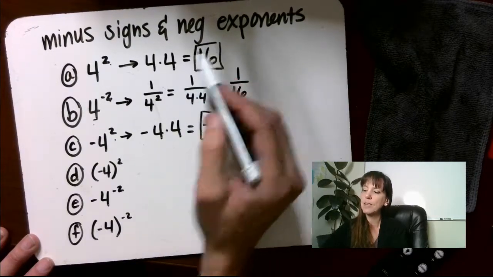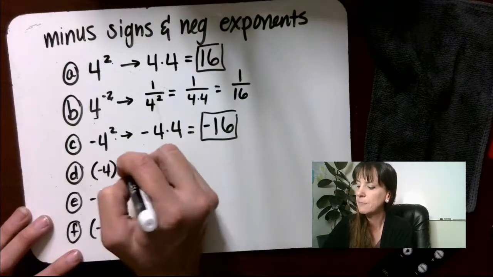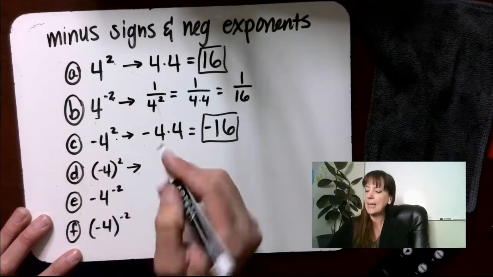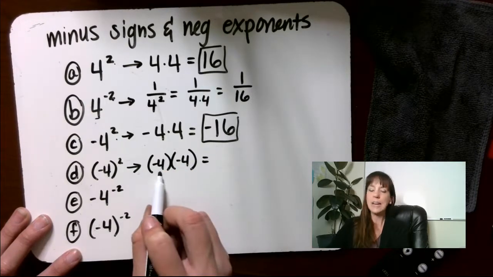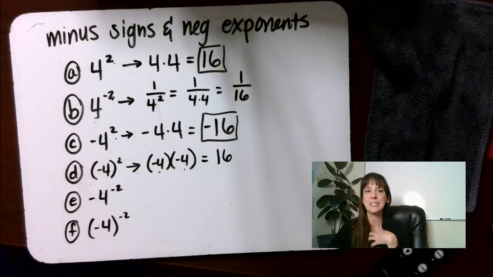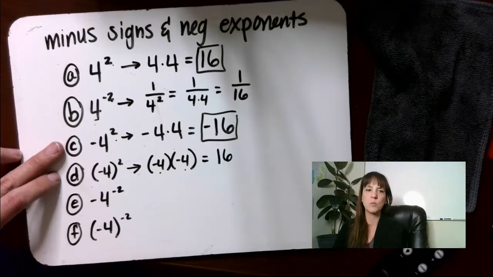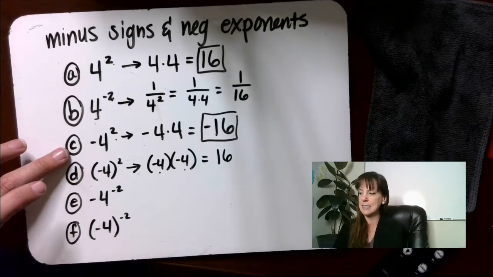Negative 16, positive 16. That is a really common mistake, so I wanna make sure that you see that. This guy, though, is saying, hey, do negative 4 two times. Negative 4 times negative 4 is positive 16. These are the important ones where if you're dealing with negative bases, if it's got parentheses or if it does not, because they're different.